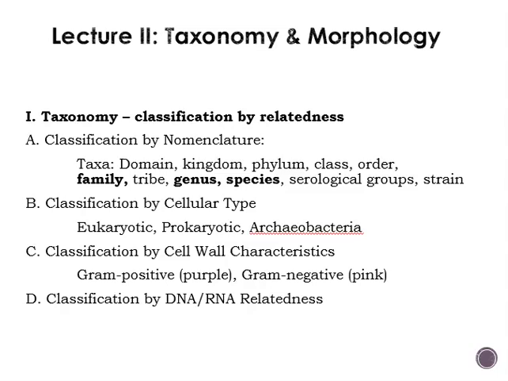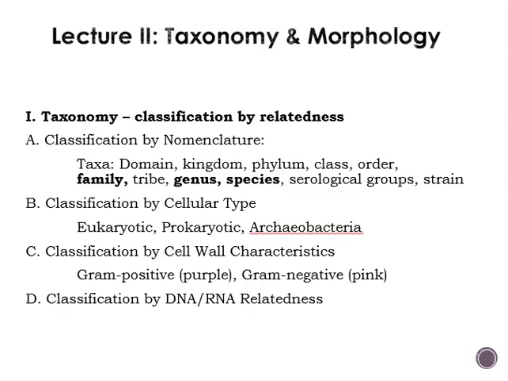An example of the family, you can think of that as like the clan or the larger group that the organism belongs to. And again, those are the ones that will have that -aceae ending on their name. An example of that is the Micrococcaceae.